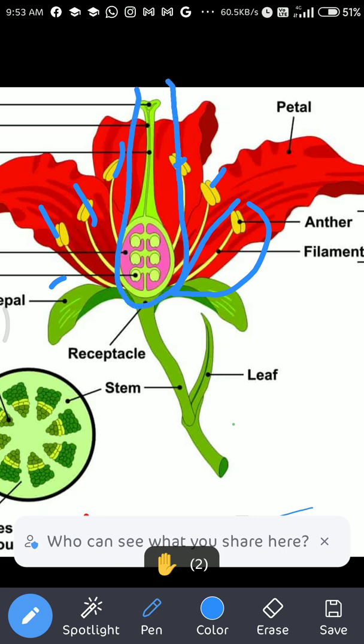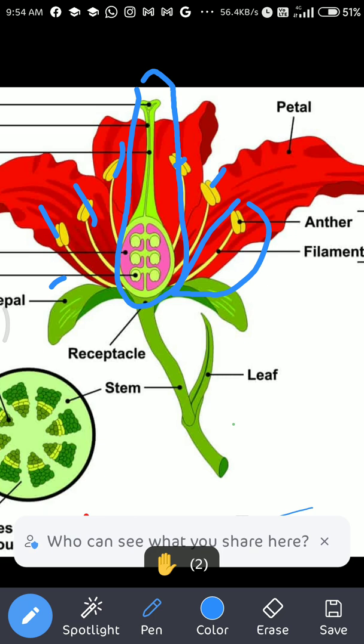This is the female reproductive part, and the term given to it is gynoecium.